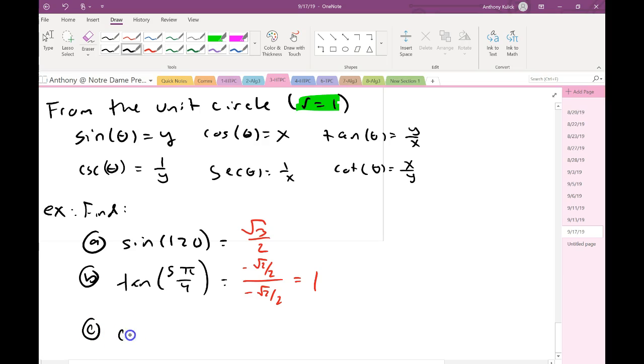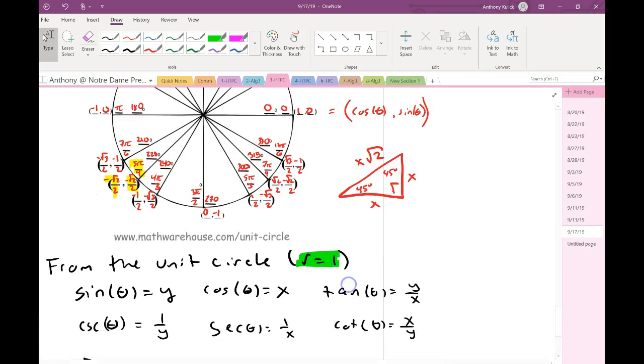And then c, let's say we want cosecant of 390. Now, 390 is not an angle on my unit circle, but it is coterminal to an angle on my unit circle.